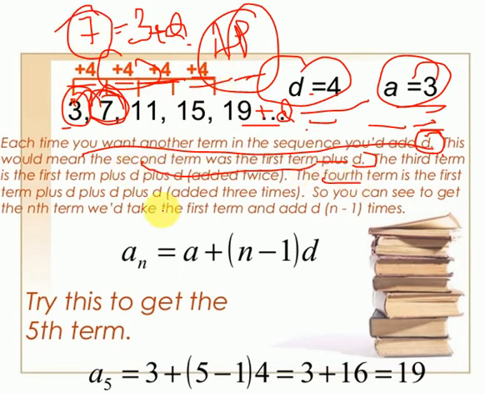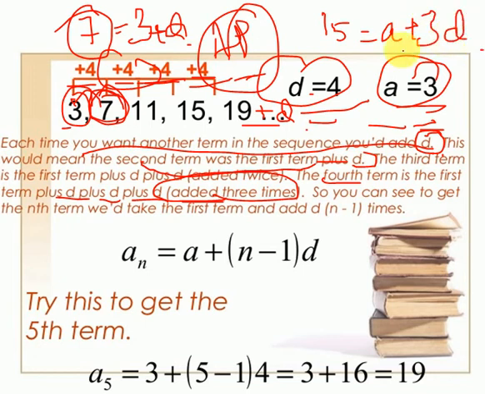The fourth term is the first term plus D plus D plus D, added 3 times. So what it is saying, the fourth term, that is 15, is equal to the first term plus 3D, right? 3 times D. Okay, so we can write like this also.